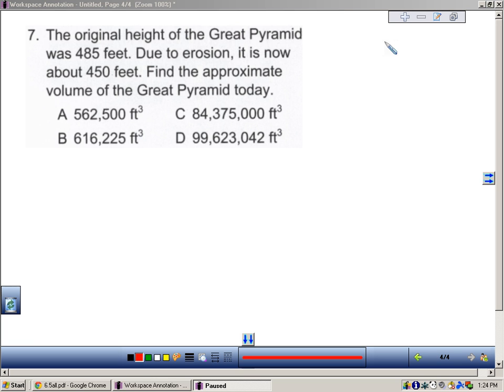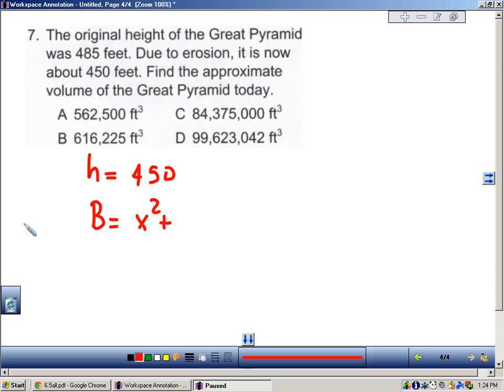The original height of the Great Pyramid was 485 feet. Due to erosion, it is now 450 feet. Find the approximate volume of the pyramid today. Okay, so we got the height. We know that the area of the base, based on our last expression, was h squared plus, what was it?